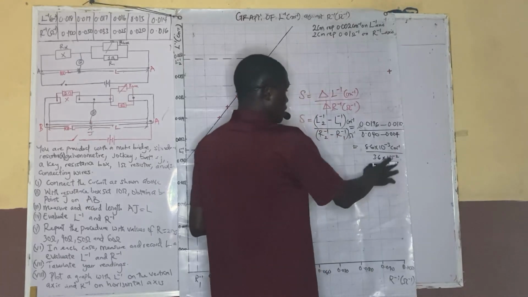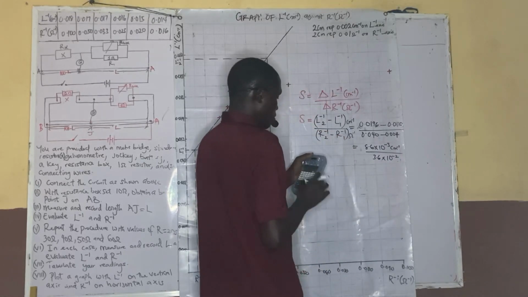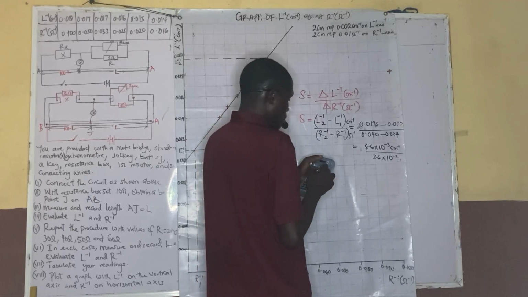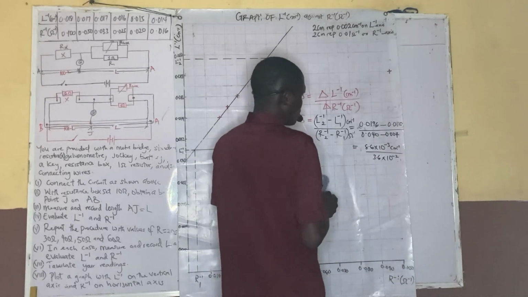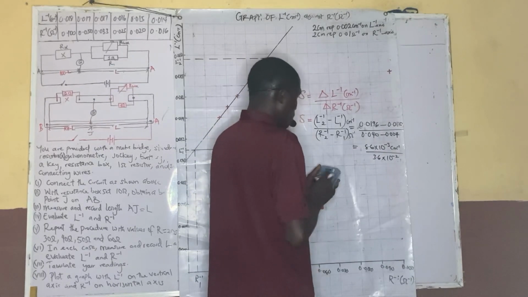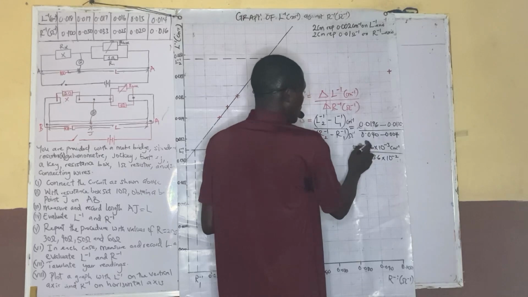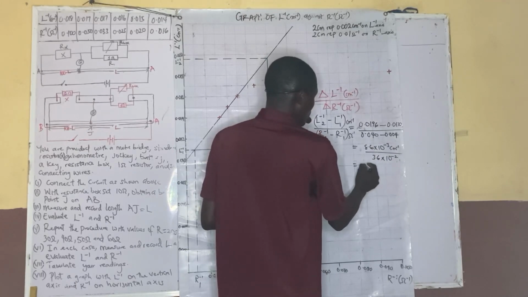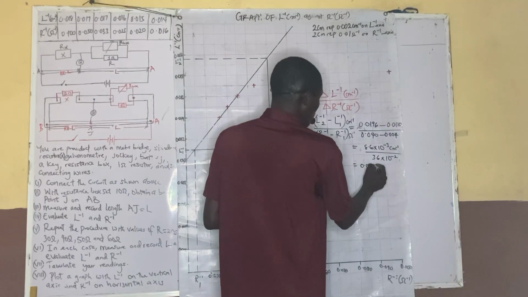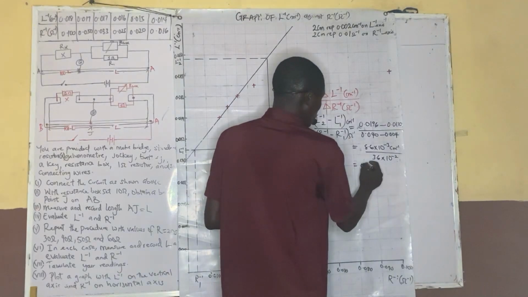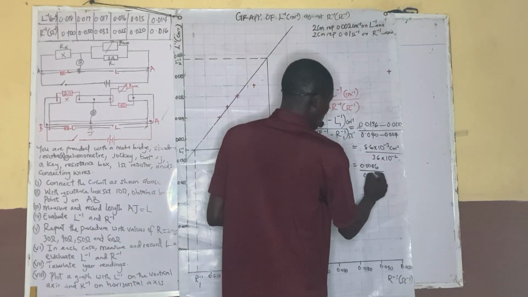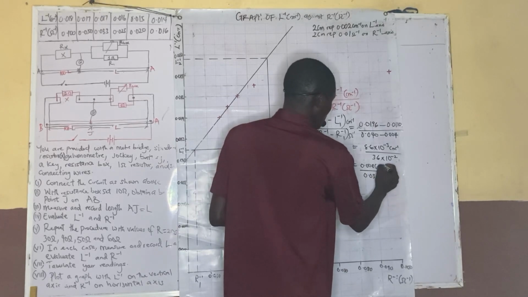If you cannot do it like this, use the calculator directly because the calculator brings standard form. So it means 0.0086 all over 0.03612.